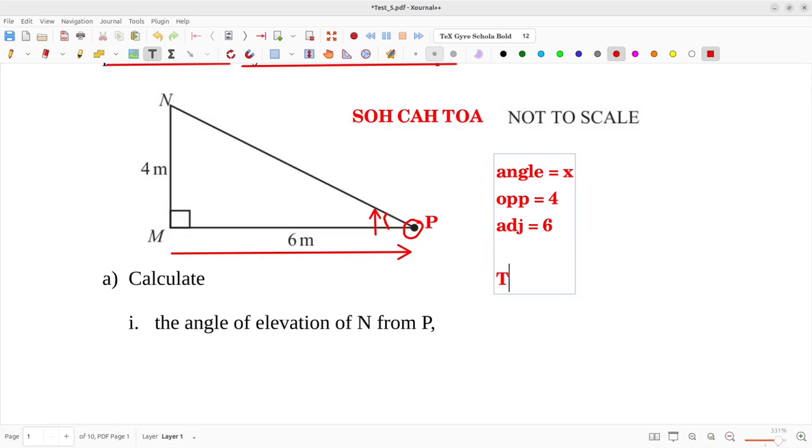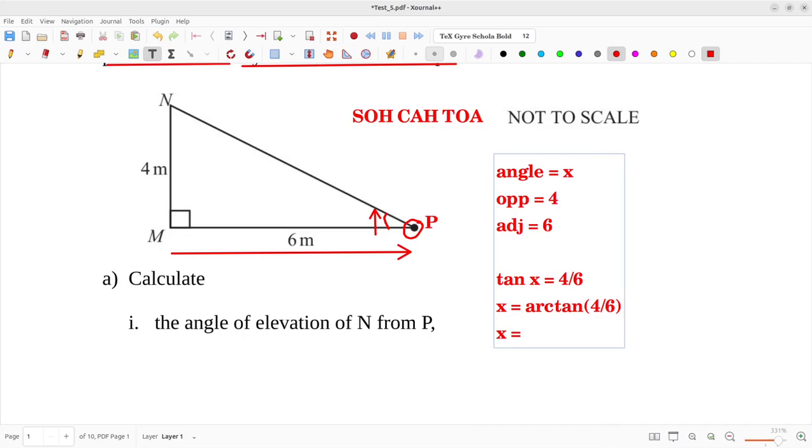Then tan X is equals to opposite over adjacent, it's 4 over 6. Then your X is going to be equals to your arc tan of 4 over 6.